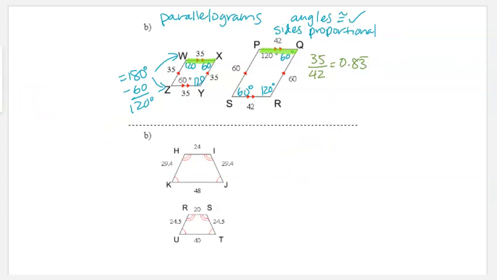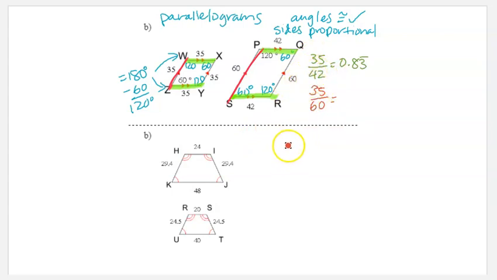All right, I know that that's going to be true for my pair ZY and SR. So moving on to my other pairs of sides, I have WZ corresponding to PS. So that's 35 divided by 60. Now you may already notice both of them have 35 in the numerator with different denominators.